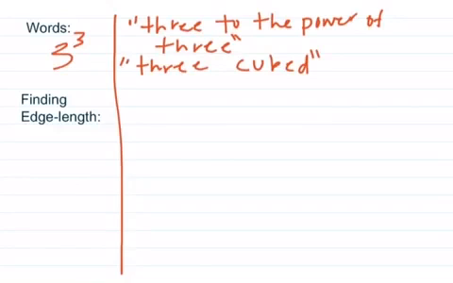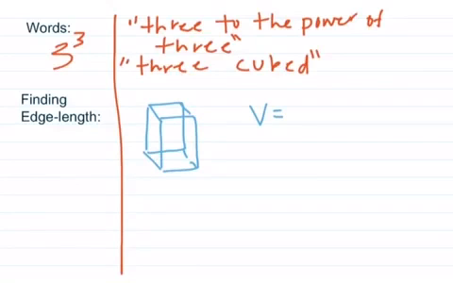Now, to go in reverse, we would be wanting to find the edge length. So if I gave you a cube, and this time I'm going to give you the volume, and you're going to have to tell me the edge length. So what if I said the volume is 216 feet cubed? Now, I know if it's a perfect cube, all of the edges are the same.